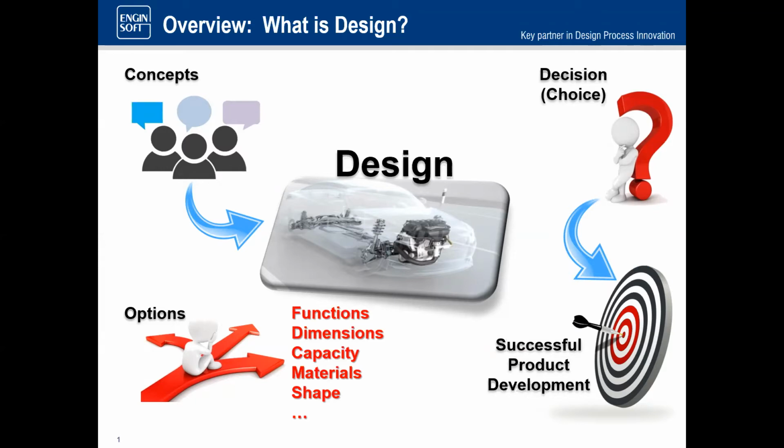So looking at the different options, of which there are many, and then developing selections of all those different options such that they meet the design requirements. And if we can meet all those design requirements, then we can consider that we've had a successful product development process.